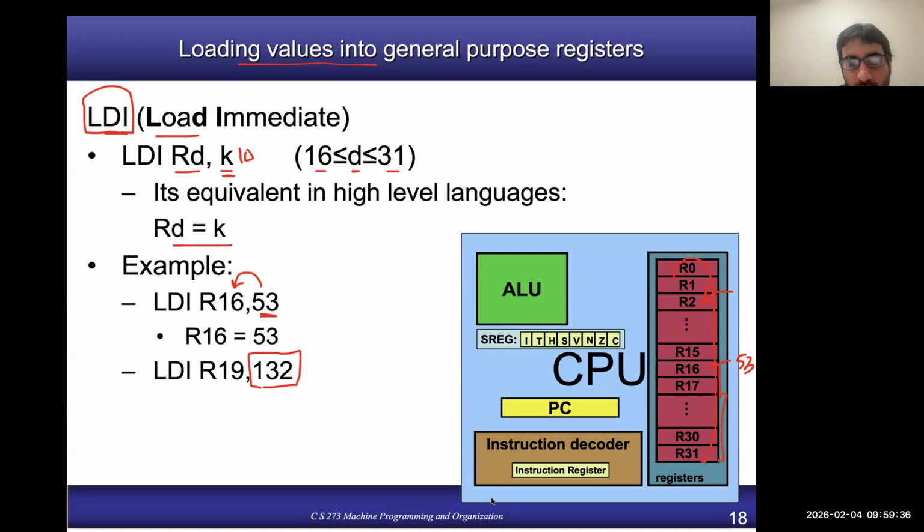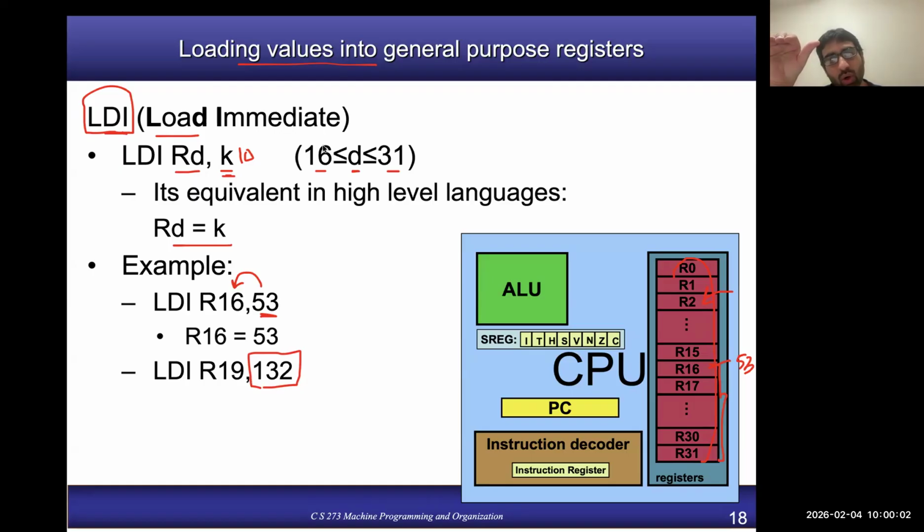Why only R16 to 31? That's an interesting question. The reason is that when you look at the binary code of the load immediate instruction, more bits are reserved for the opcode part.